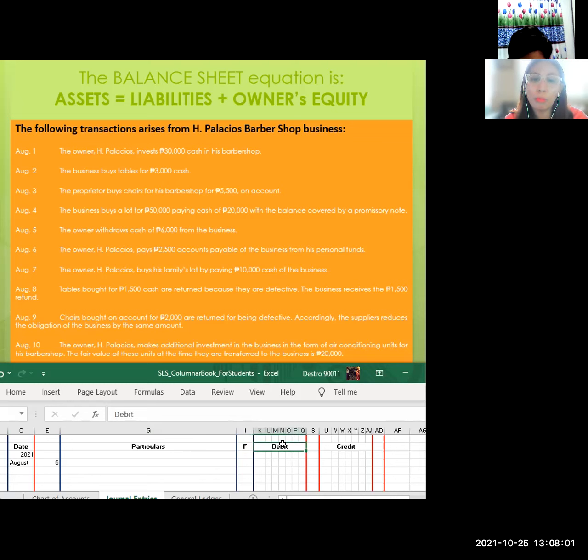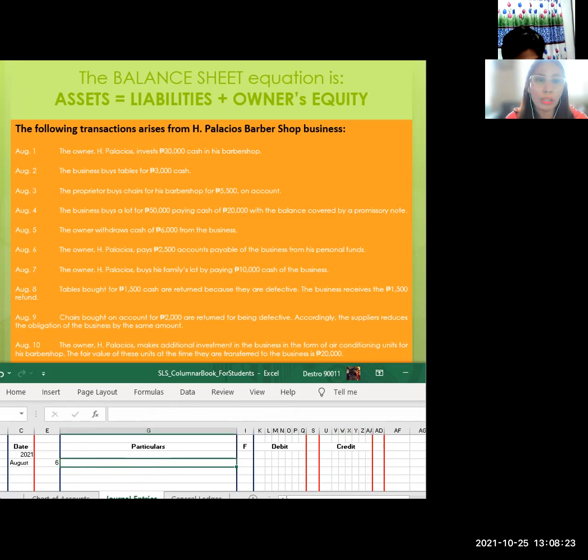The debit column contains the amounts on the debit side, and the credit column here contains the amounts on the credit side.